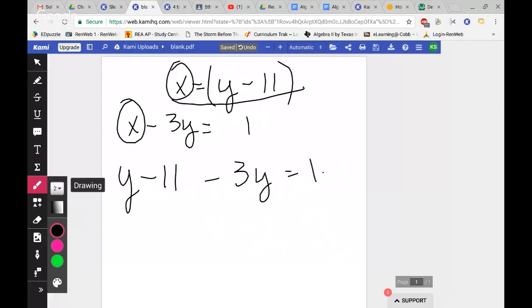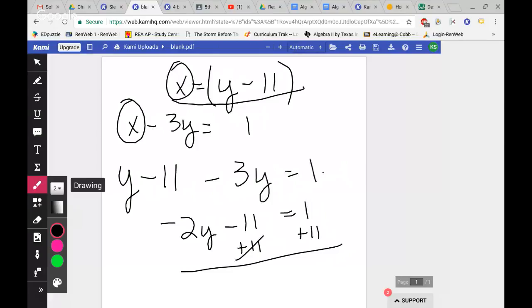So what's y minus 3y? Negative 2y? Yes, ma'am. Negative 2y minus 11 equals 1. And then I'm going to add 11 to both sides. And then you get y equals negative 6. Good job.